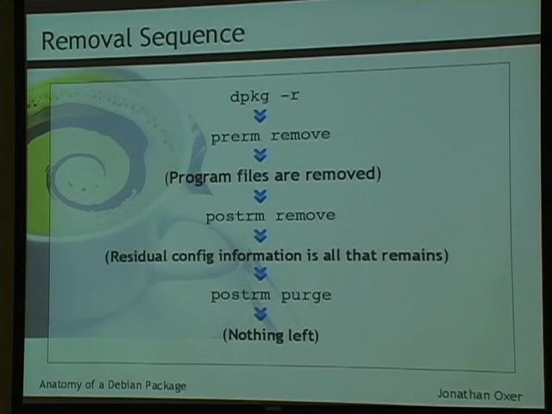They might have been edited locally. And so unless you explicitly state that you want to remove configuration information with a --purge option to dpkg, for example, you'll actually leave all those behind. So what you could do is apt-get install that same package again, and you'll end up back in the exact same configuration and the same state as you were before you did the remove.